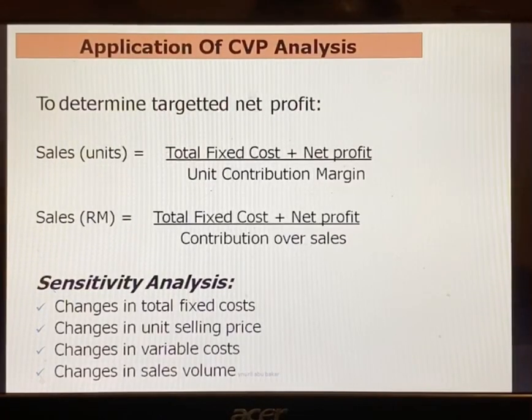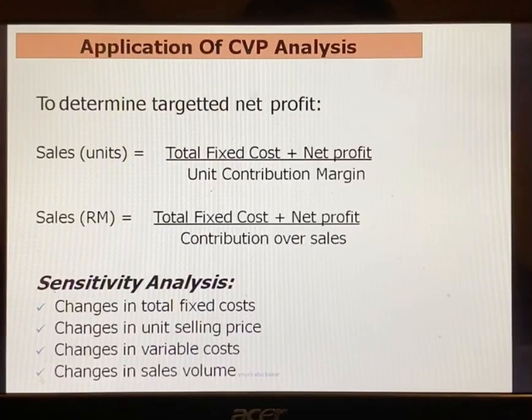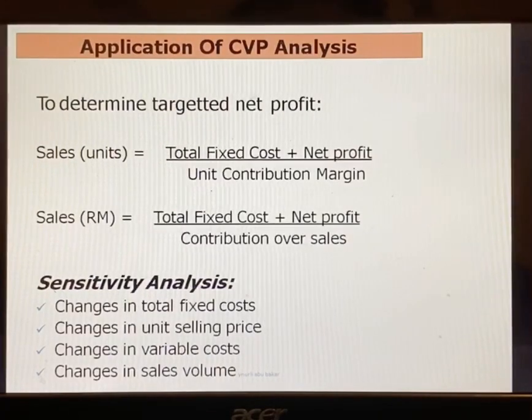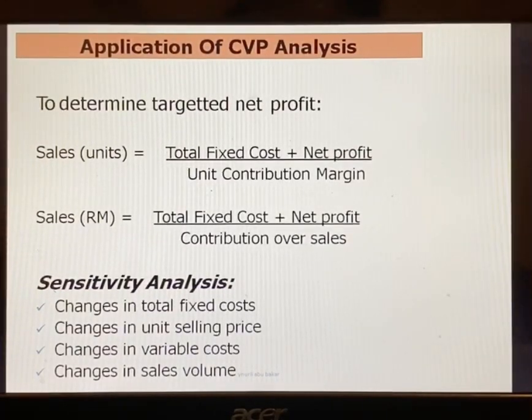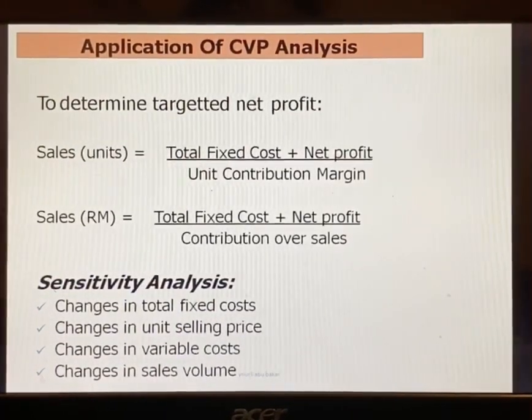So there are 4 areas that may change the break-even point that can be measured using certain sensitivity analysis tools. That is changes in the fixed costs, the selling price, the variable cost, and the sales volume.